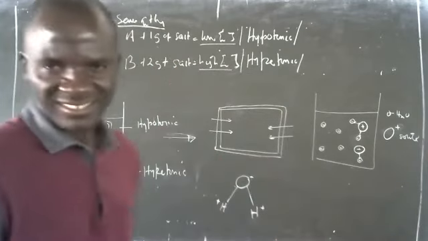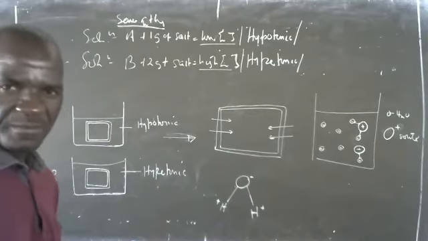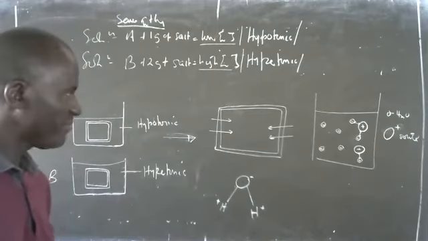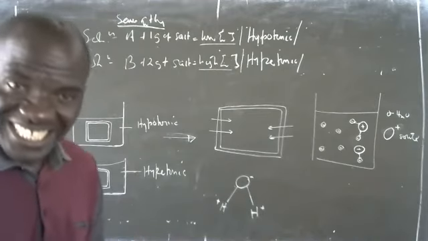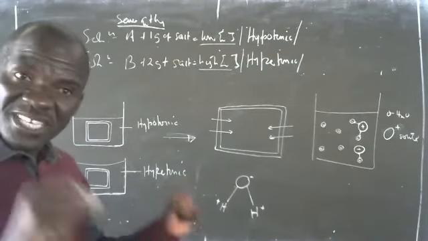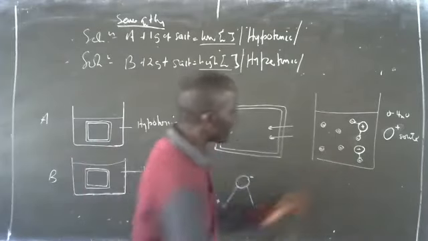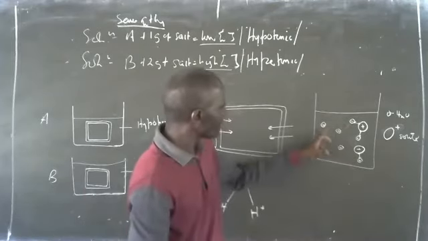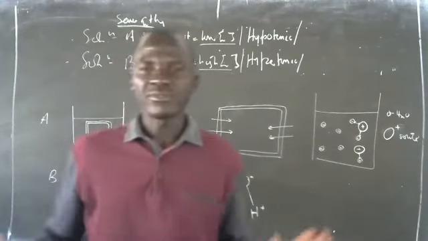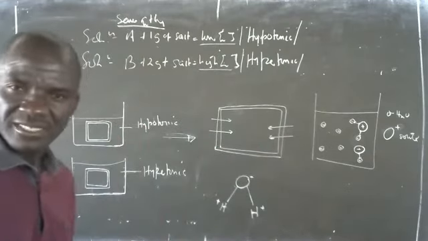That attraction existing between the solute dissolved in a beaker of water will be reducing the mobility of the water molecules. Before I dropped in the solids, all these water molecules, 1, 2, 3, 4, 5, 6, were free to move randomly.